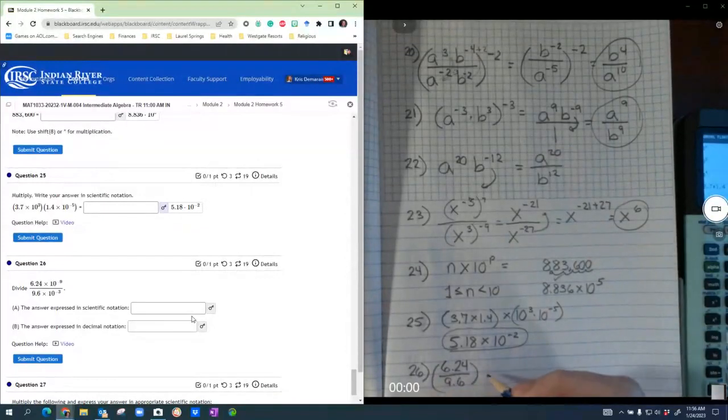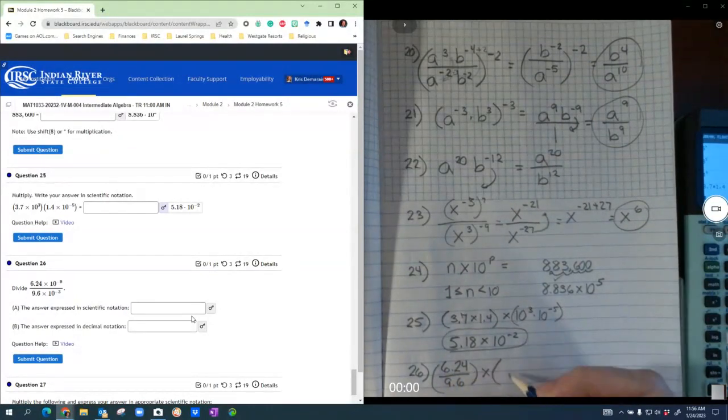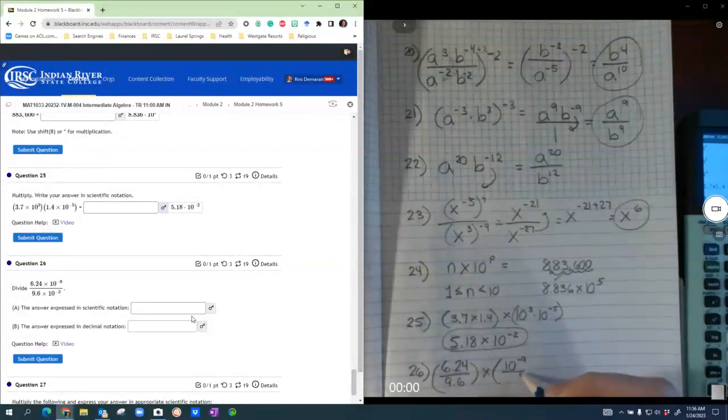Now, for our next question here, I'm rewriting it so the numbers are together and the exponential powers with base 10 are together.